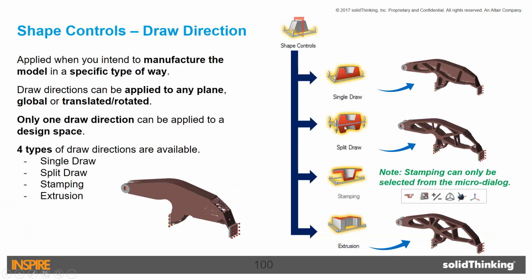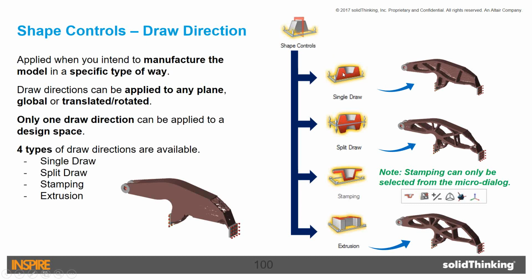We have single draw, split draw, stamping, and extrusion. Single draw and split draw are for either a stamped part or a cast part. And what you can see from this little cross section here is if I'm creating a casting, for instance, I need to make sure that my part can be removed from the cast.